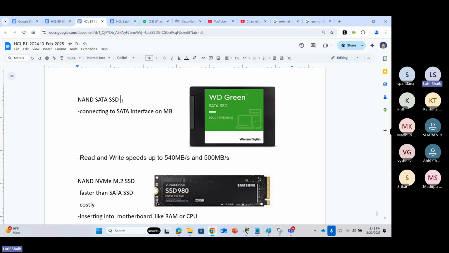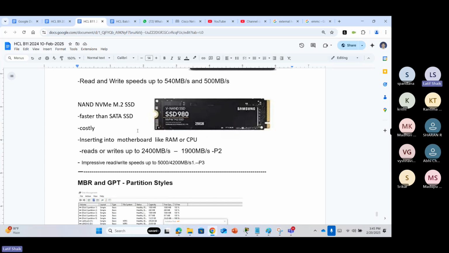And this NVMe M.2: non-volatile memory, M.2 type. In this one there are also P1, P2, P3, P4 like that. Compared to a SATA hard disk, SSDs are faster. Compared to a SATA SSD, NVMe M.2 is faster. It is directly inserted on the motherboard.